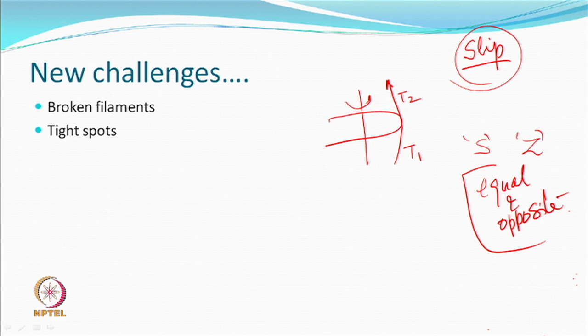Suppose at an instant, n twists were being inserted in S direction in the T1 zone, and for whatever reason, because of machine speed, machine vibration, anything, the contact is lost. If the contact is lost, the amount of twist which has been inserted is n, but the untwisting will be n minus some value delta n.